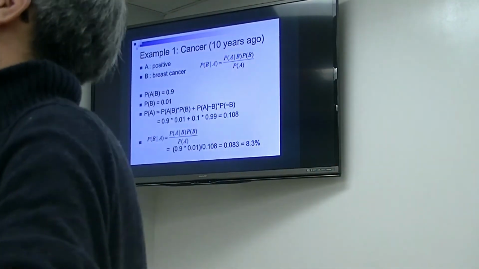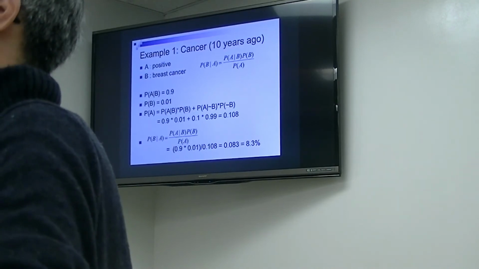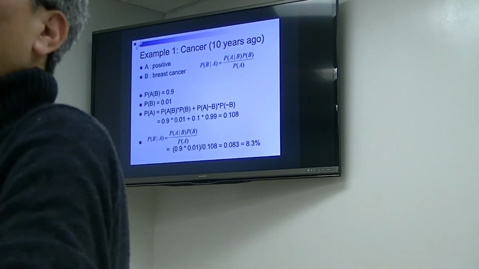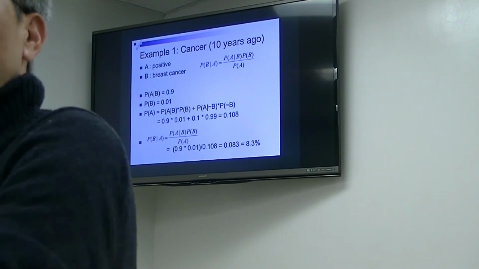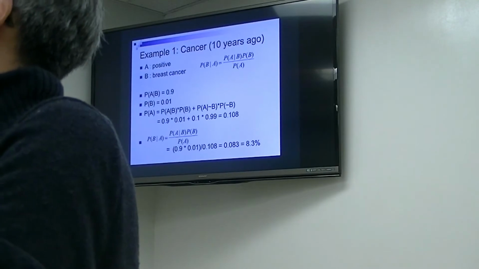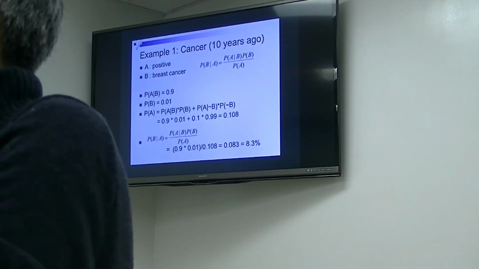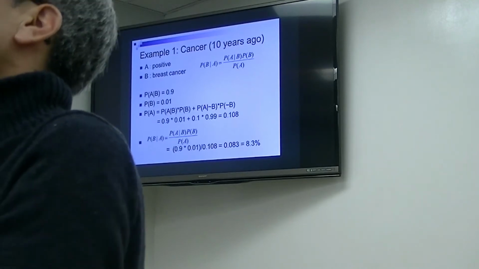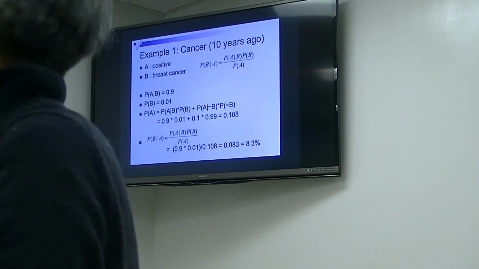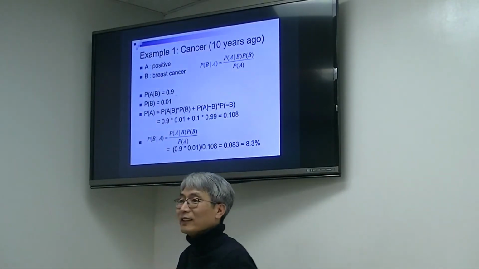Which means you don't have too much to worry about if you calculate this. Then why is it lower than our intuition? Anyone? Percentage of population, very close. It's kind of an illusion. Illusion of what? 90%.